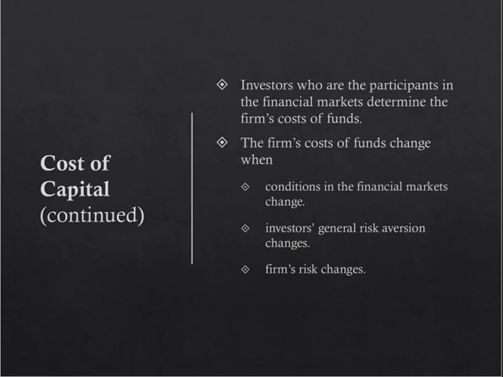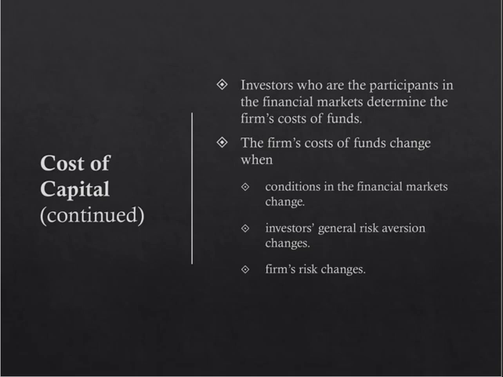Investors who are participants in financial markets determine a firm's cost of funds. It's driven by supply and demand. We talked about this early when we were discussing some of the rates of return associated with bonds. So as demand for a specific asset increases, the required rate of return goes down and vice versa.